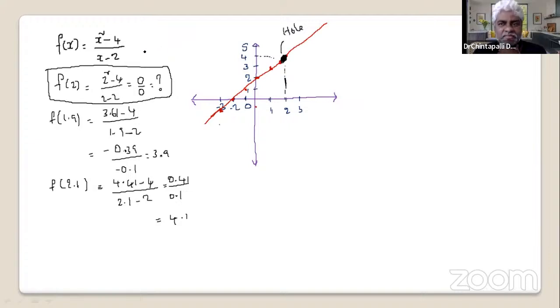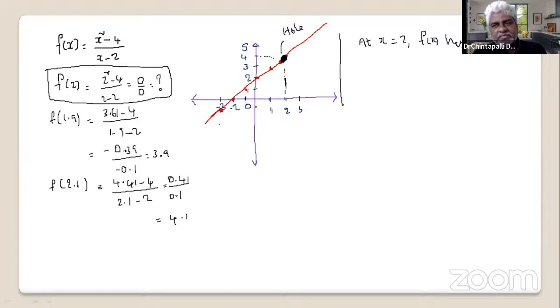Mathematicians are interested to know what is the value of this function at x equal to 2. Very clearly, they understood that it is not possible. It is an indeterminate form. At x equal to 2, f of x has no value.